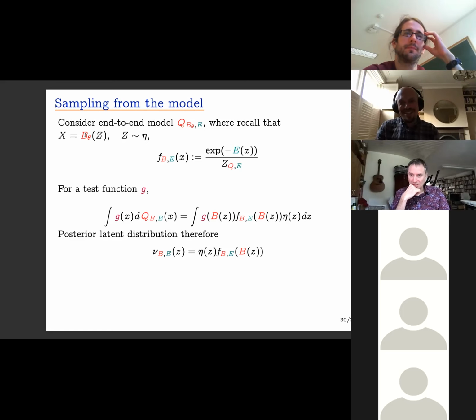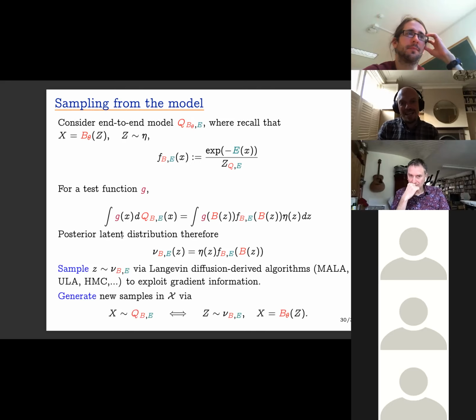No, so this is the magic. We don't first generate Z according to eta and then post-process. What we do is that we use our favorite Langevin diffusion algorithm to sample from this distribution, actually.